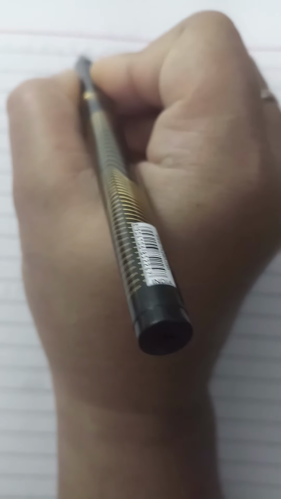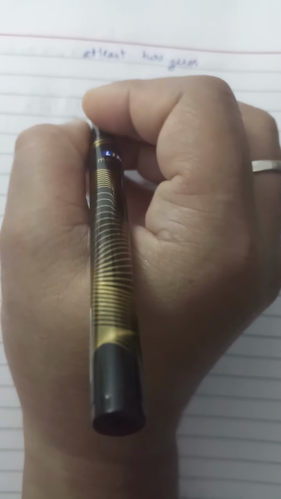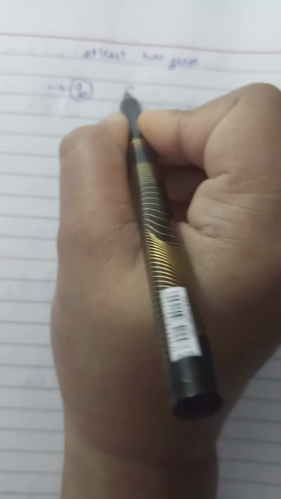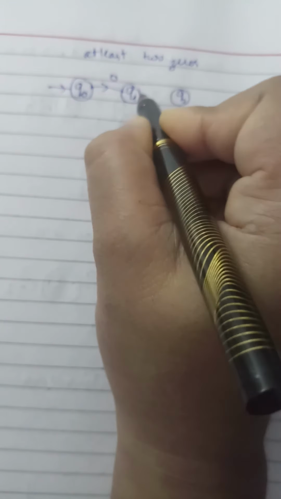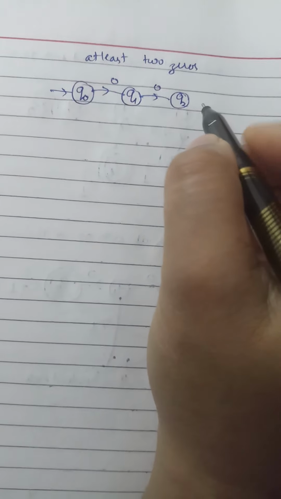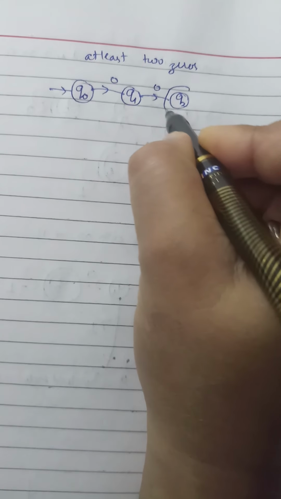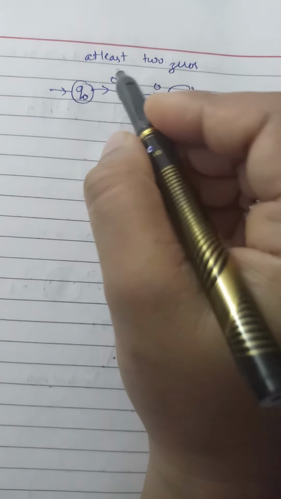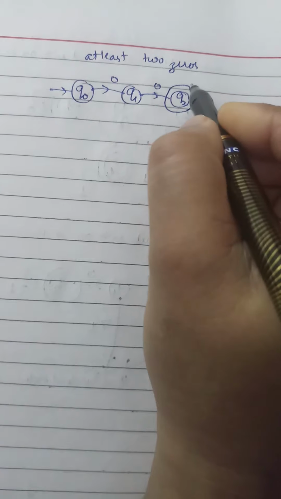DFA for at least two zeros. So we start with initial state Q naught, Q naught to Q1 on 0, Q1 to Q2 on 0, and we make Q2 a final state because we need at least two zeros.